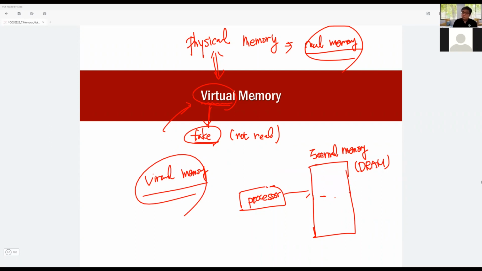Actually, the virtual memory concept was developed in order to use a large memory. What does that mean? When the computer was first developed, the size of the main memory was very small.